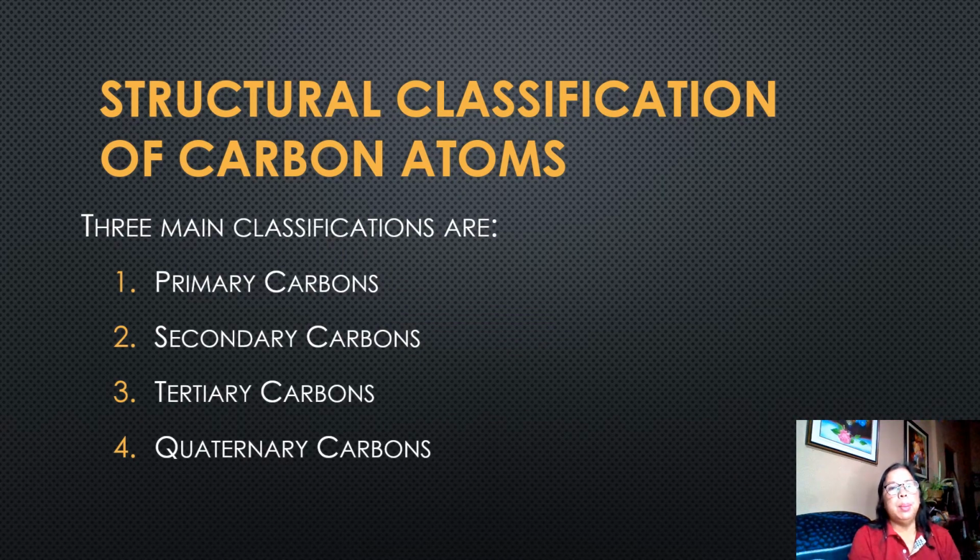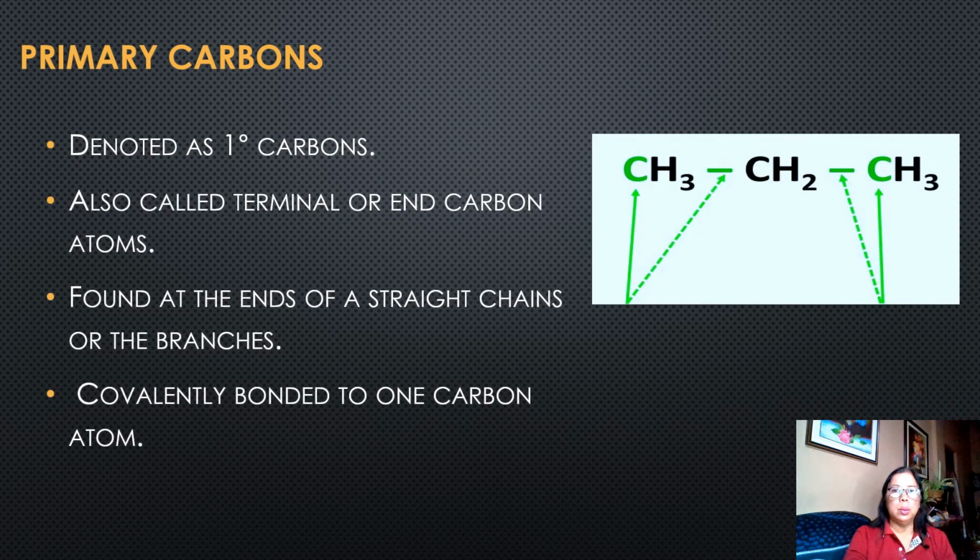However, there are different classifications of carbon atoms. They could be primary carbon atoms, secondary carbons, tertiary carbons, and quaternary carbons. It all depends upon the number of carbons present in a certain compound. So this is an example of a primary carbon that is denoted by one carbon. It is also called the terminal end carbons. They are found in straight chains and they are covalently bonded to one carbon.